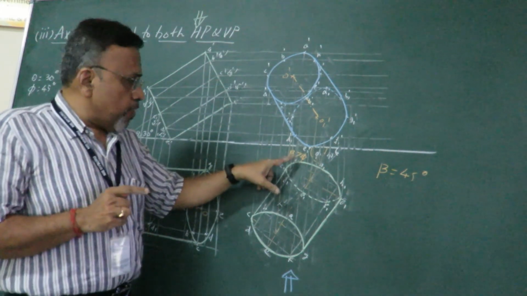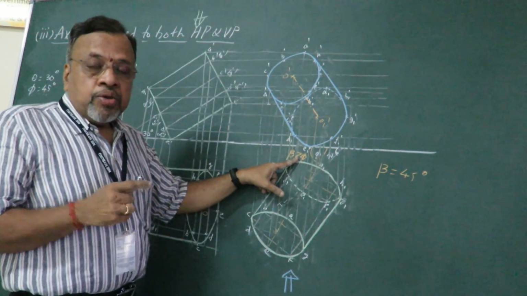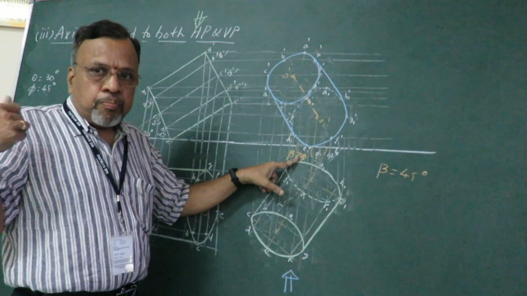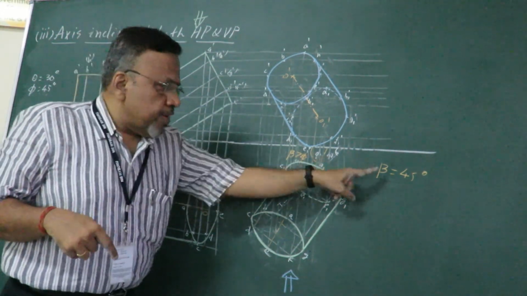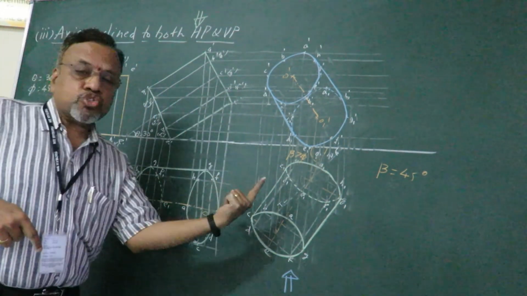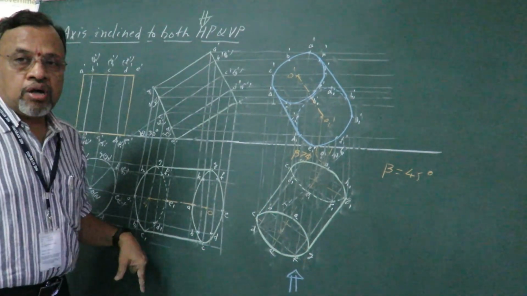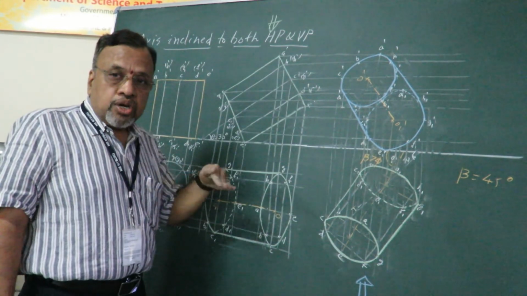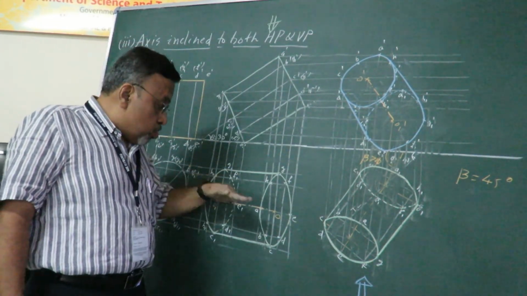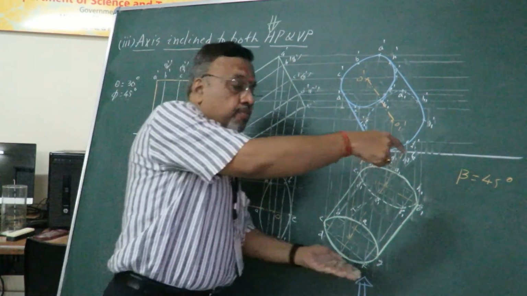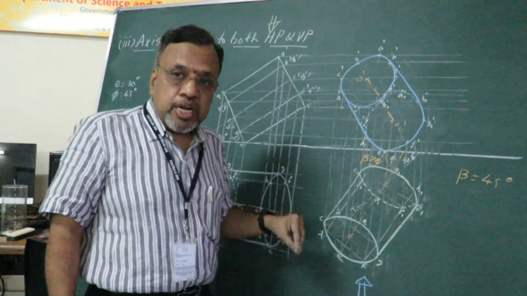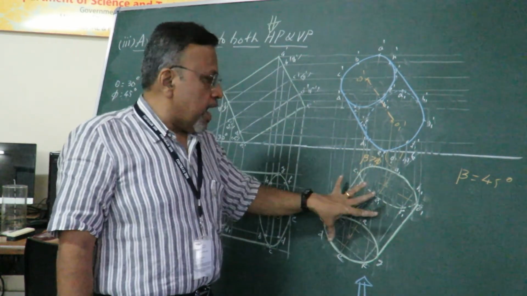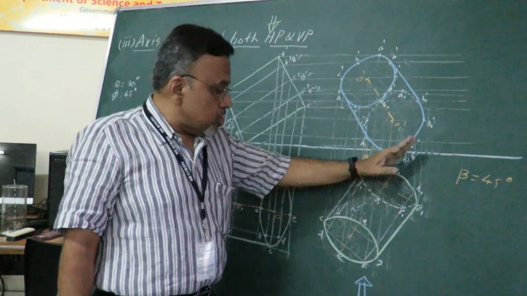You need to find the beta angle only when the true angle is given in the problem. But in the problem statement, if I say that the axis appears to be inclined at 45 degrees, or the top view of the axis is inclined at 45 degrees, or a horizontal plane passing through this particular axis is inclined at 45 degrees, even then it means that I have given the beta angle directly.